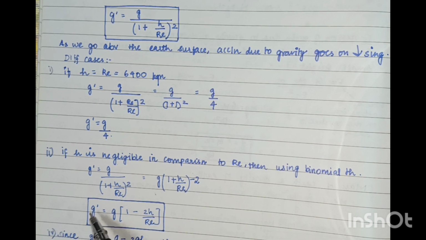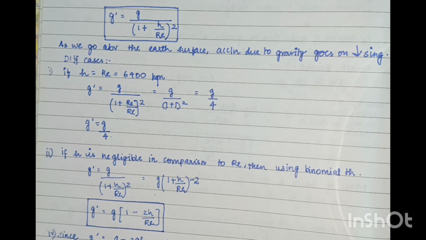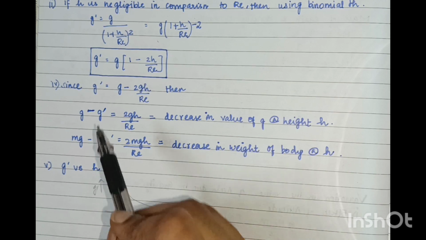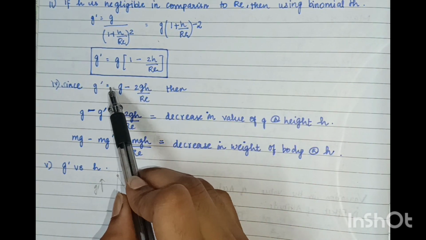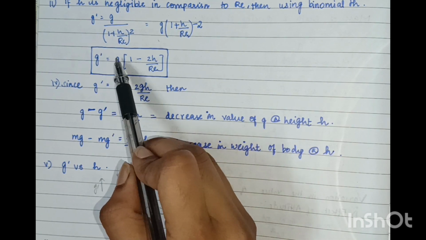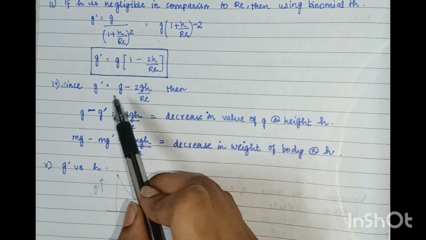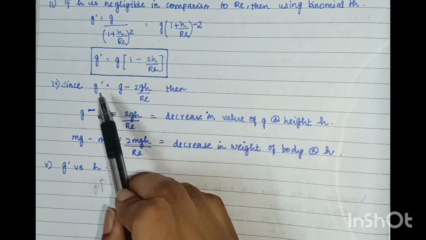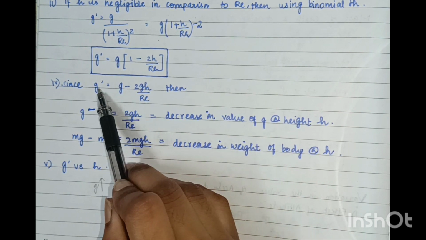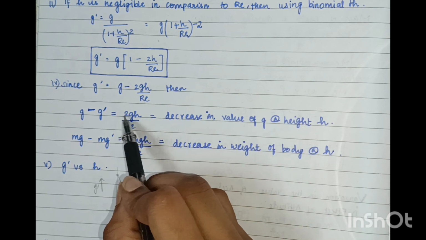So this is the value of acceleration due to gravity at a certain height, when that height is very small compared to the radius of the earth. So G dash is equal to G minus 2GH by R. Multiplying this inside, G dash is G minus 2GH by R. We can write G dash minus G is equal to minus 2GH by R. So what does that mean, minus 2GH by R?